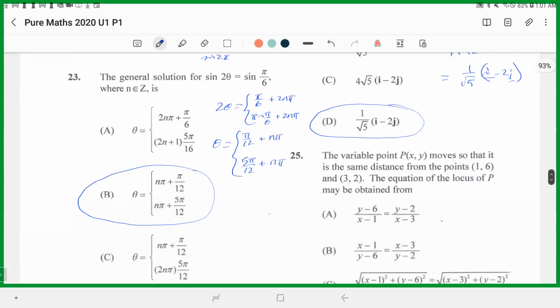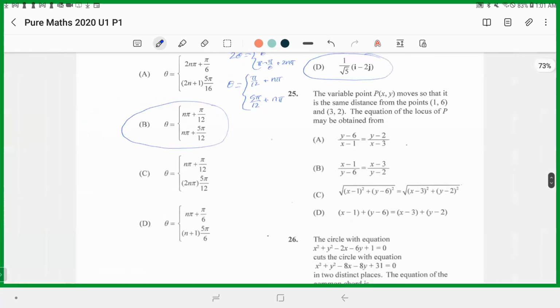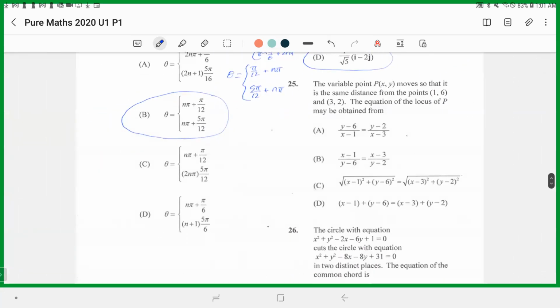All right, next one. It says a variable point P(x, y) moves so that it is the same distance from here and from here. The equation of the locus is obtained from which one of these? So I'm going to zoom it up.